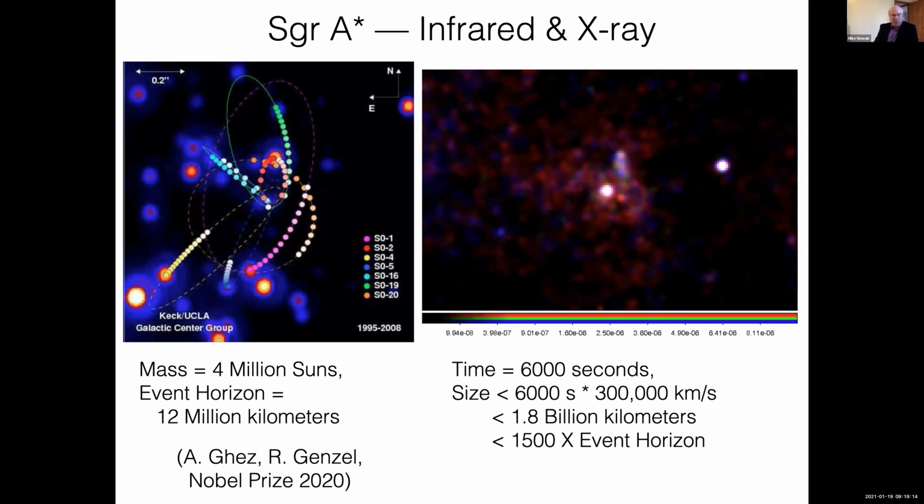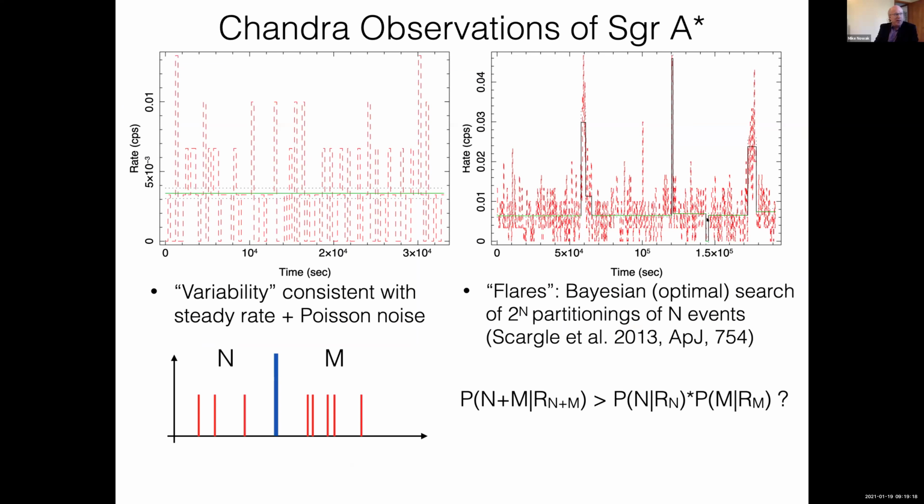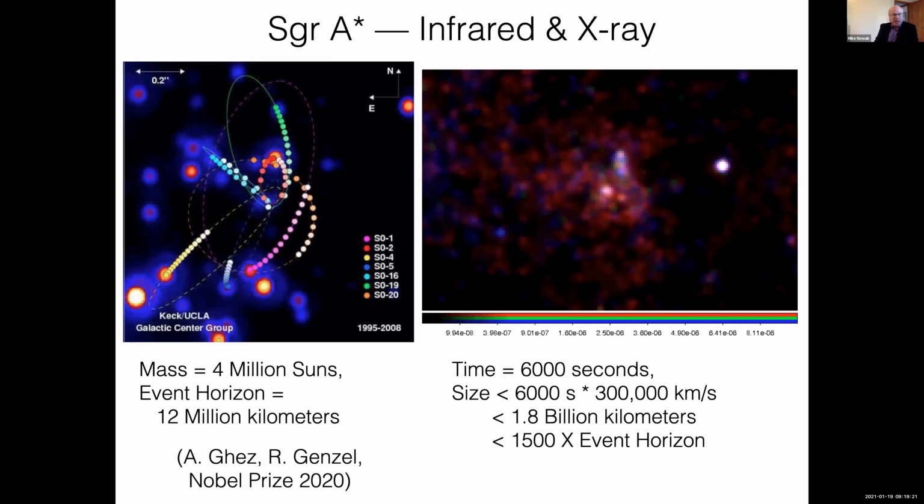On the right is an observation that I did with some collaborators using the Chandra X-ray telescope. This is an X-ray observation of the center of the galaxy. Here is Sagittarius A* in the center. It took the Chandra X-ray telescope to make these measurements because Sagittarius A* is very faint in the X-rays, and you can see it blinking there.